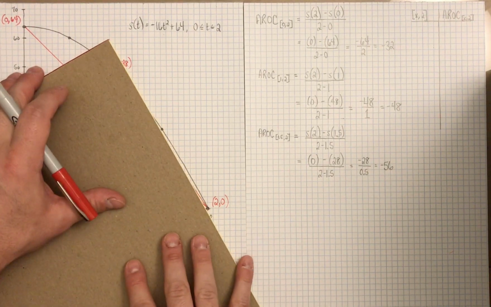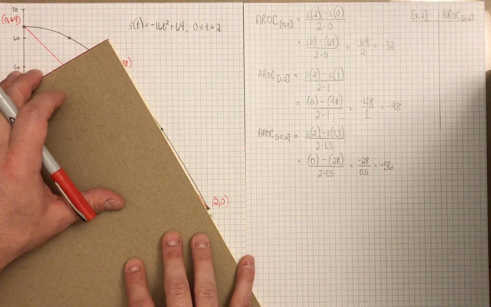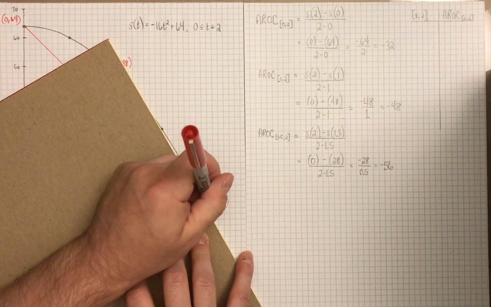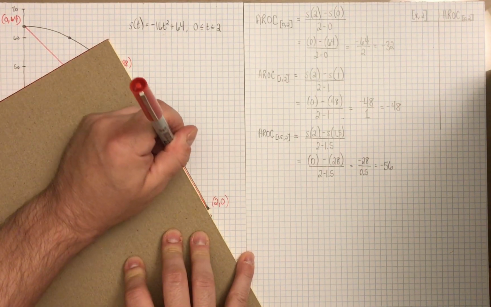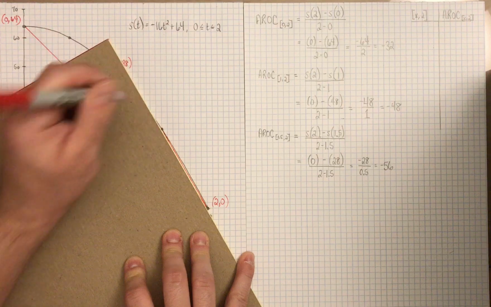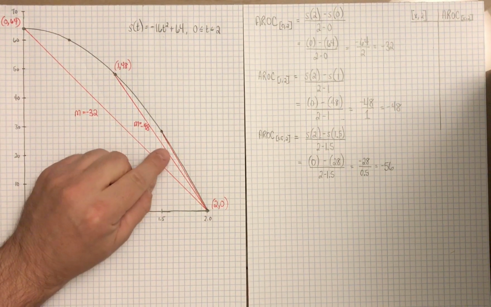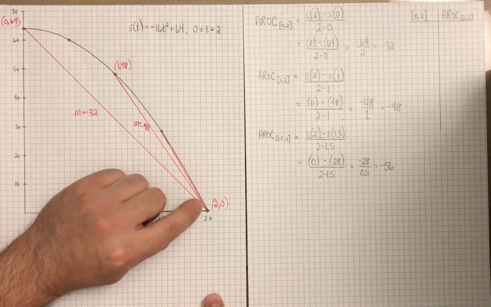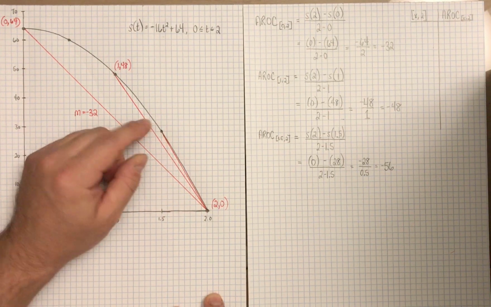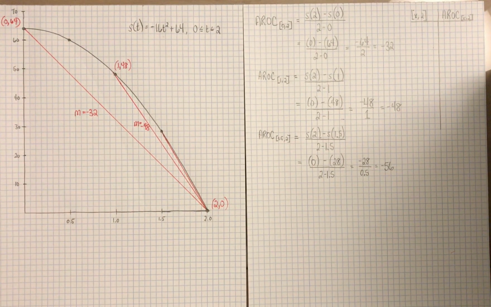Now, the graph is going to start to become less and less helpful as we go here, because that new line segment here is incredibly close to the parabola.